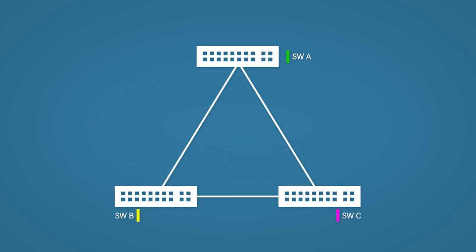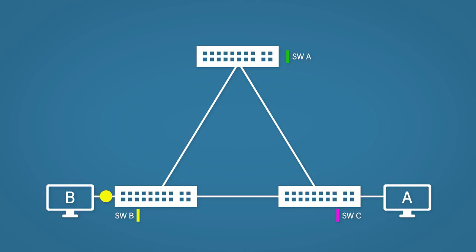Let's look at the third problem. For this one, we'll add 2 host computers. So host B sends some data to host A. And again, if switch B doesn't know the location of host A's MAC address, it will flood the frame out all other ports. Now for the sake of argument, let's say switch C does know the location of host A, and it sends the data directly to it.